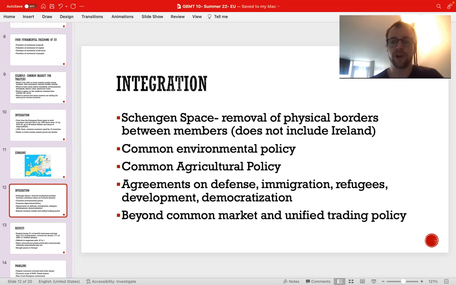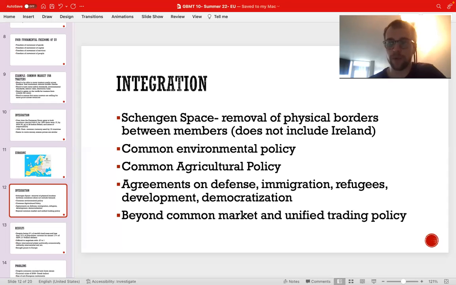They all have a common environmental policy within this zone as well, to ensure similar standards. The common agricultural policy, which has been controversial since the 1960s, determines how much of each good is produced and where agriculture is produced. So in certain places, they prevent farmers from growing certain things to keep a competitive balance, right?